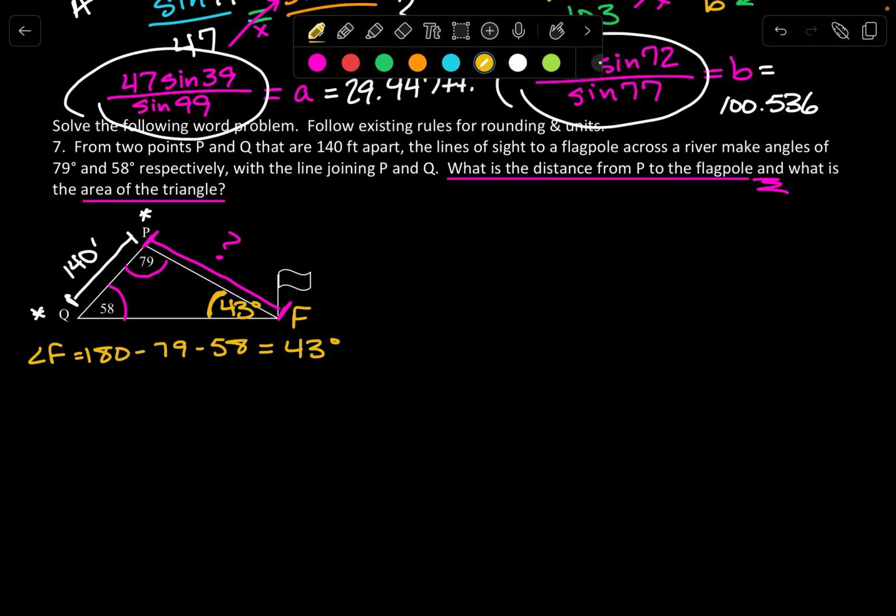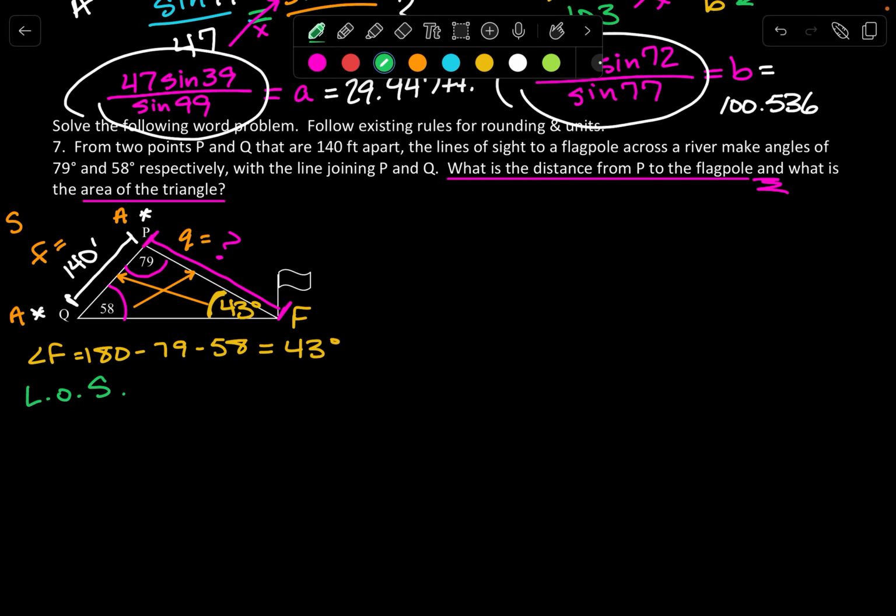Now, since we labeled that F and we know the side across from it is 140, we could say that 140 is little f. And what we're looking for is the side across from Q. So we'll say we're looking for little q. Now, when we're looking for missing sides, and you look right here, we have an angle, side, angle, which is one of the conditions for law of sines.